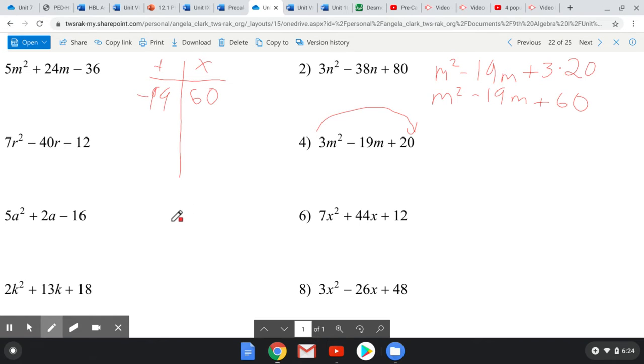So the first one that comes to mind is negative 6 times negative 10. That's negative 16, which is close but not quite, right? We need negative 19. So let's try negative 5 and negative 12. That's negative 17. So again, we're close but not quite.